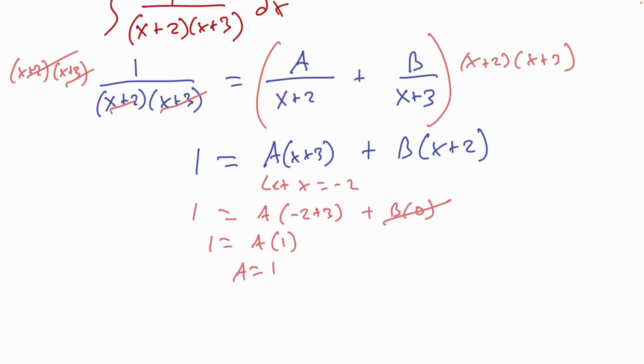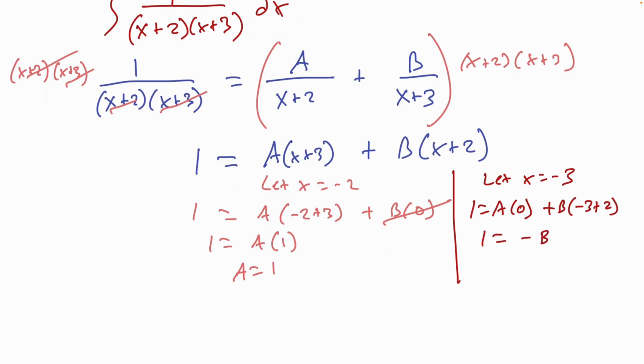Then we'll similarly do that to find the b term. Let's let x be negative 3 this time, because that will cancel out the a term. So we have 1 equals a times 0 plus b times negative 3 plus 2, which is 1 equals negative b, so that gives me a b of negative 1.